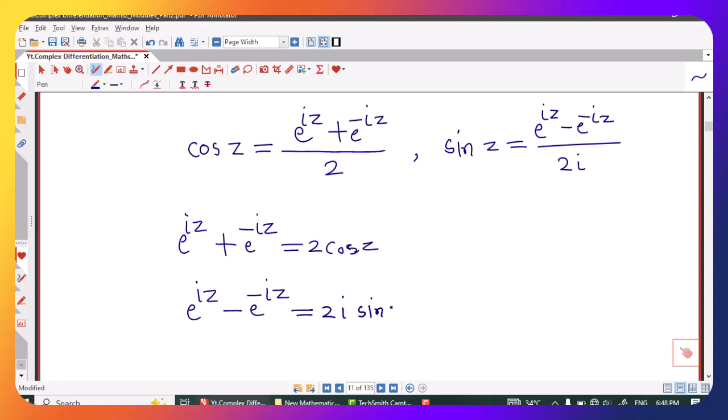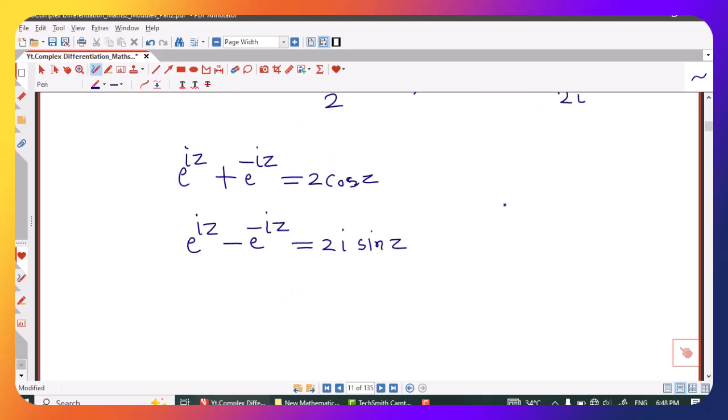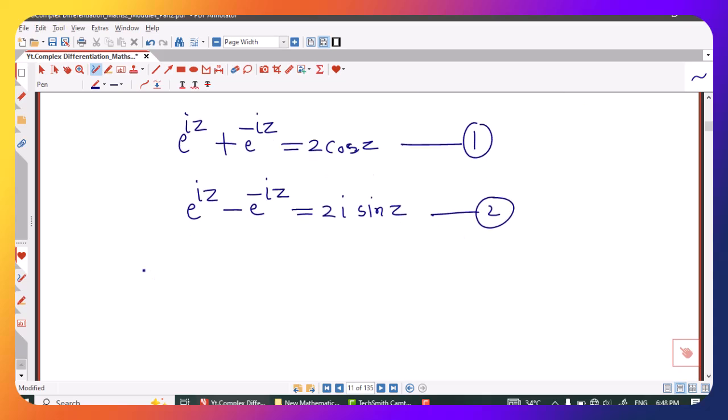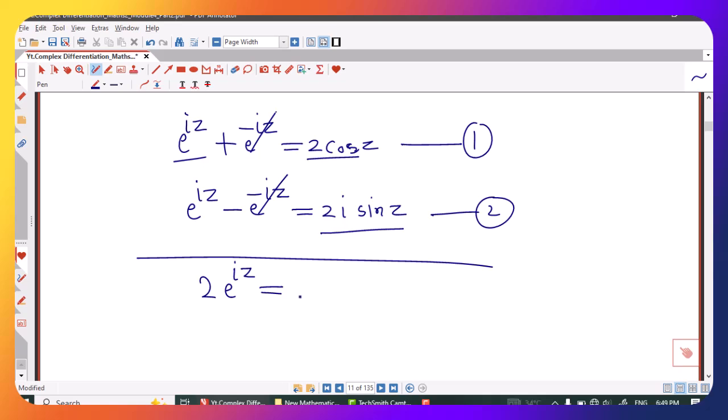And if I add these two equations, equations 1 and 2, then on the left hand sides the minus iz terms get cancelled, and I have e raised to iz plus e raised to iz, that is 2 times e raised to iz, and on the right 2 cos z plus 2 i sin z.